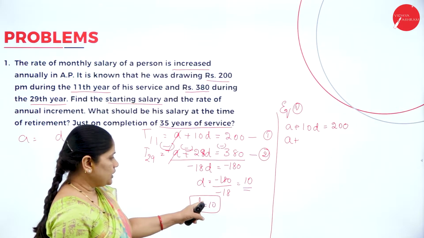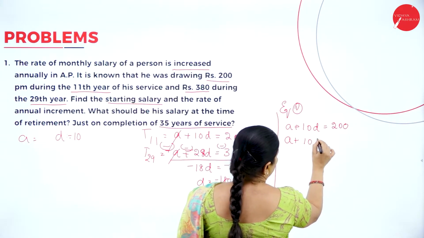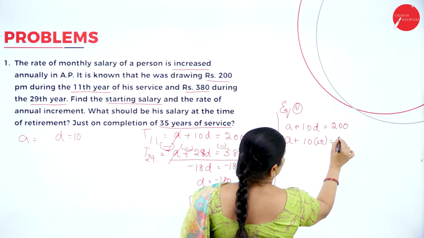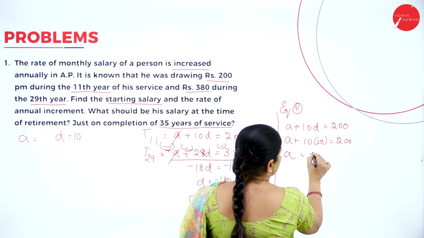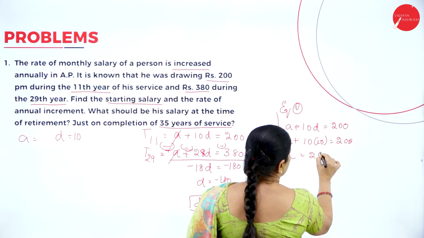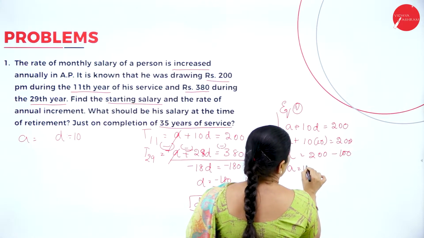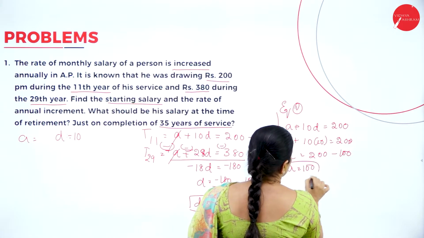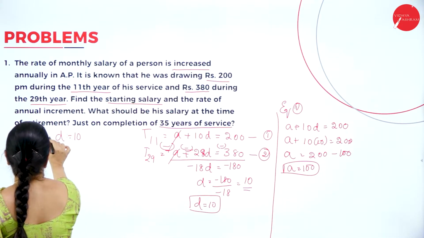Then 10 into D, so 10 into 10 equals 100. So, A will be equal to 200 minus 100. A equals 100 is the answer. So, the starting salary he was getting is 100.